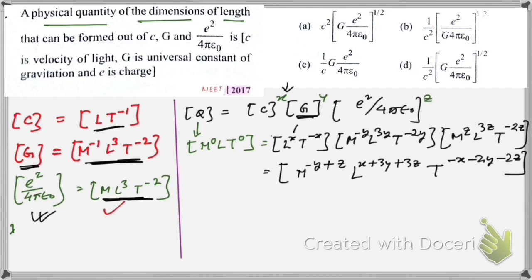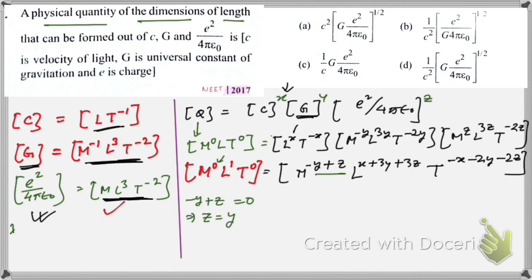Now compare the powers. M to the power 0, L to the power 1 and T to the power 0. Here the power on M: minus y plus z is equal to 0, that's why it implies y is equal to z.